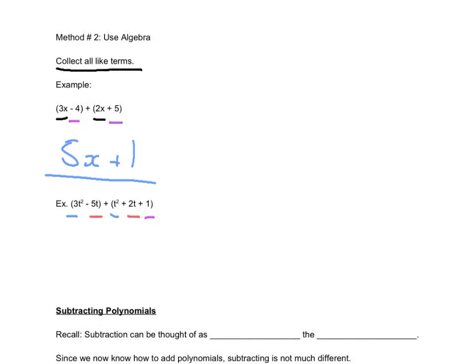We've got 3t squared plus 1t squared is 4t squared. Then we've got negative 5t plus positive 2t, so that's negative 3t, and we have that left over 1. So that would be the answer for that. See, that method can be a lot faster. Once you get the hang of it, you can do that pretty quickly.